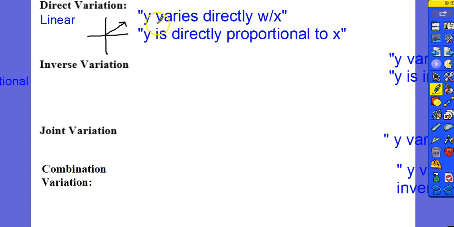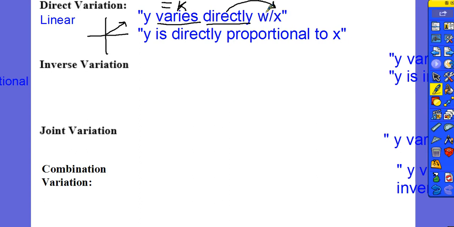When you see the word varies, it tells you that y equals, and varies tells you it needs a k, because it has to have a constant of proportionality. So varies means equals k. So y equals k. And it varies how? It varies directly with this term right here, x.